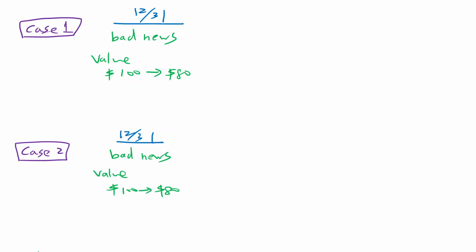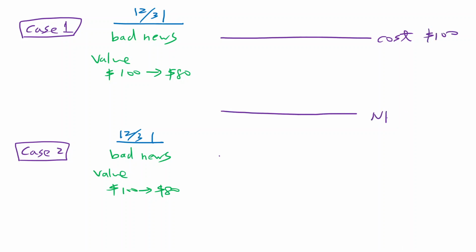But based on this, could you tell me your value? What's your cost? Cost is $100. And right now, your NRV on December 31st is 80.